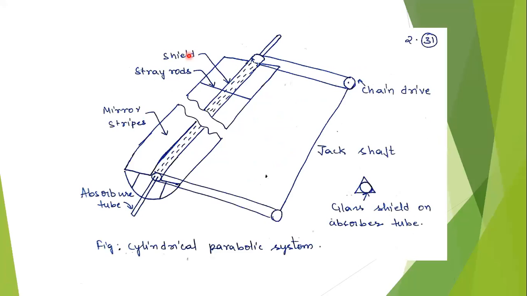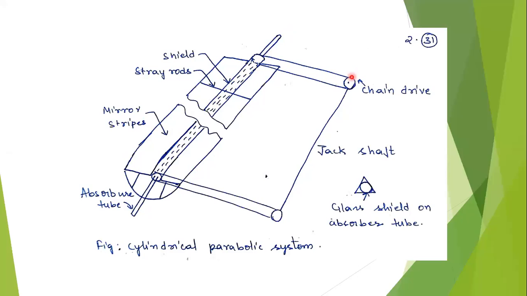See, this is the cylindrical parabolic system. This is the parabola here and this is the pipeline. In this parabola we have mirror strips. This is the absorber tube, and this is the absorber's shield. These are the stay rods.